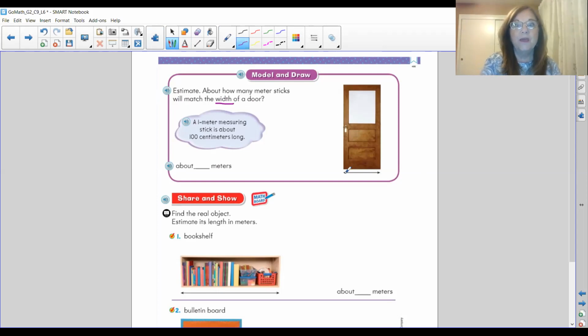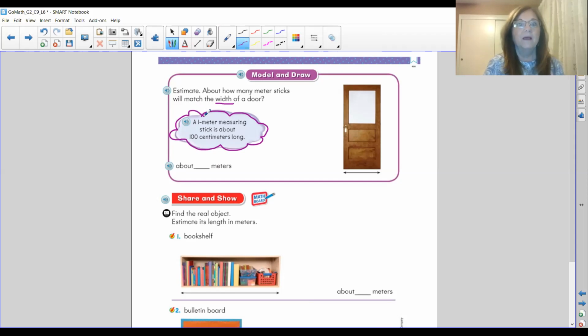So the width, you can see this little line right here. This is the width of the door. So a one meter measuring stick is about 100 centimeters long. And we know that. We've been talking about that. We learned that in yesterday's lesson.